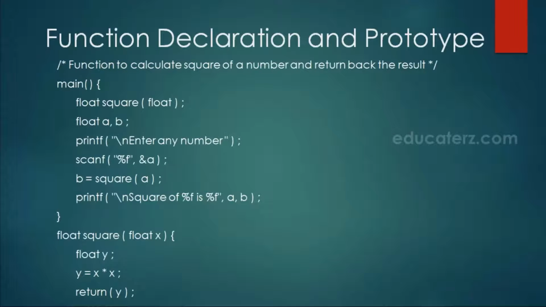Suppose we are calling some function and declaring it later, then in that case we have to do the pre-declaration, the prototype. Like in this example, we need to call the square of a number by multiplying it.